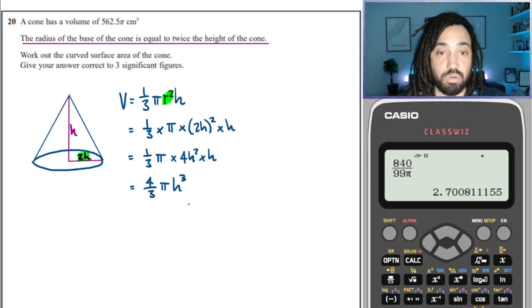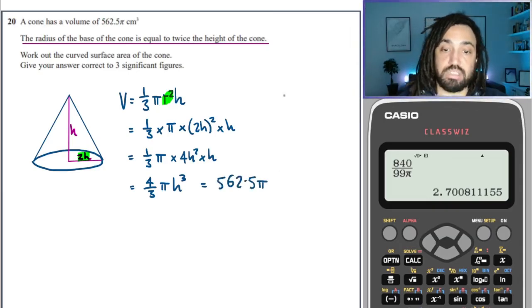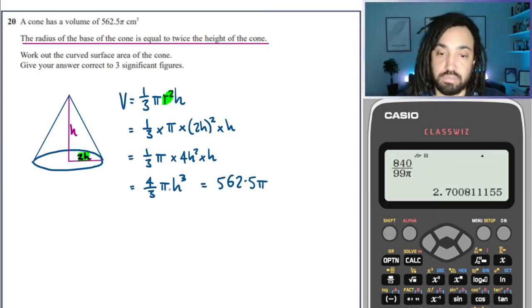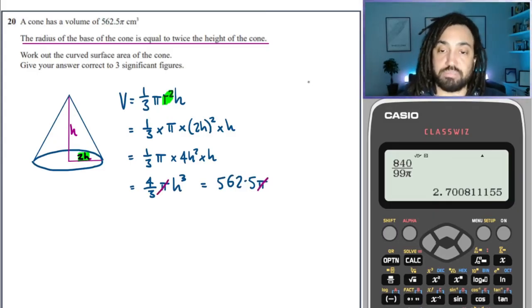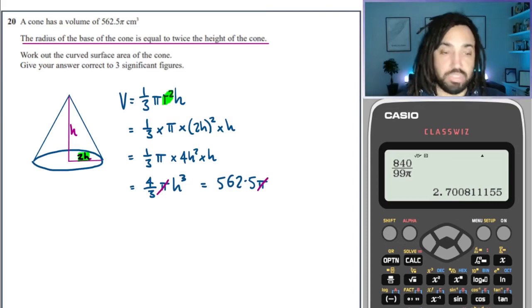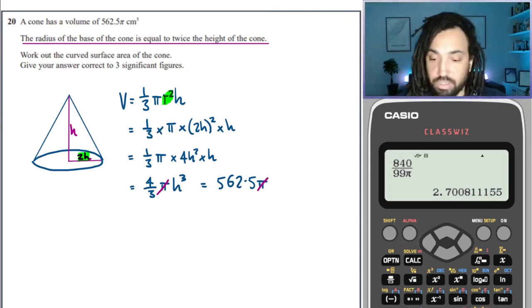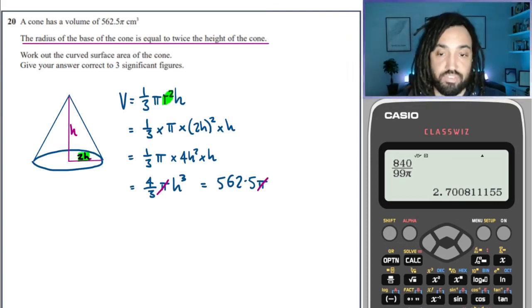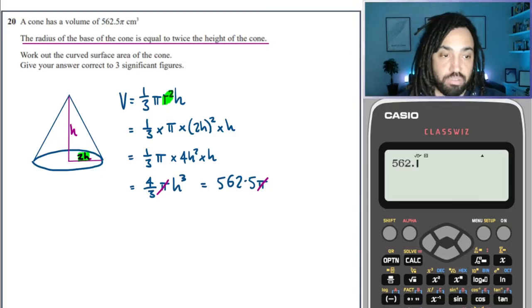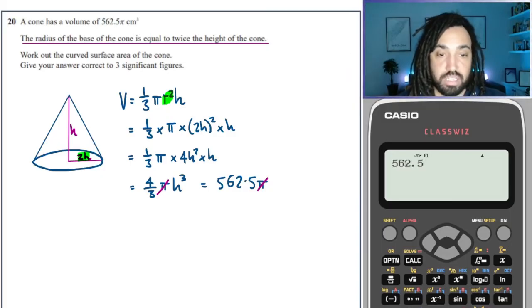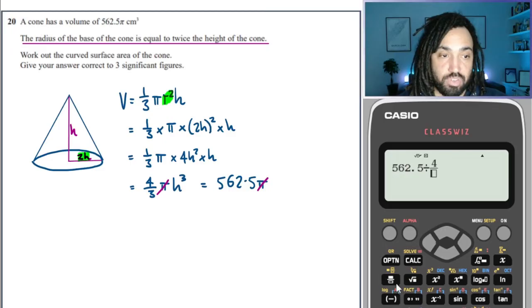Okay, and we know what this volume is equal to. It's equal to 562.5 pi. Perfect. Pi's can go from both sides. So we can take that value of 562.5 and we can divide it by 4/3.